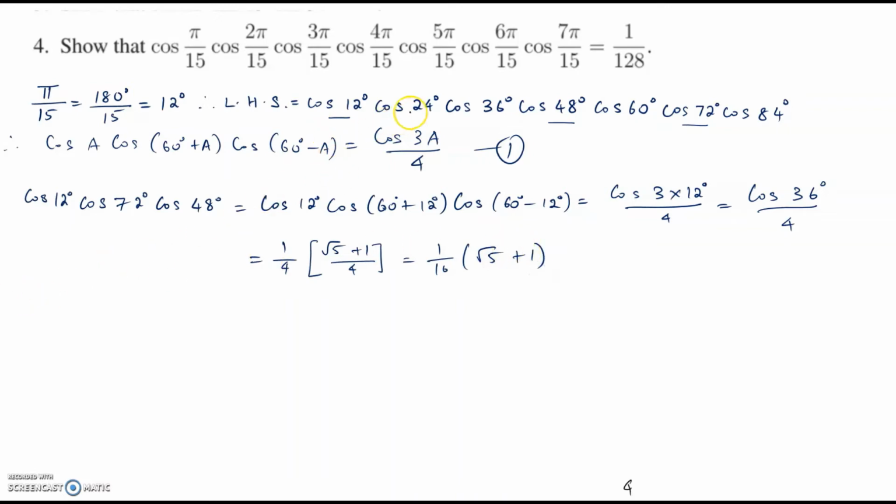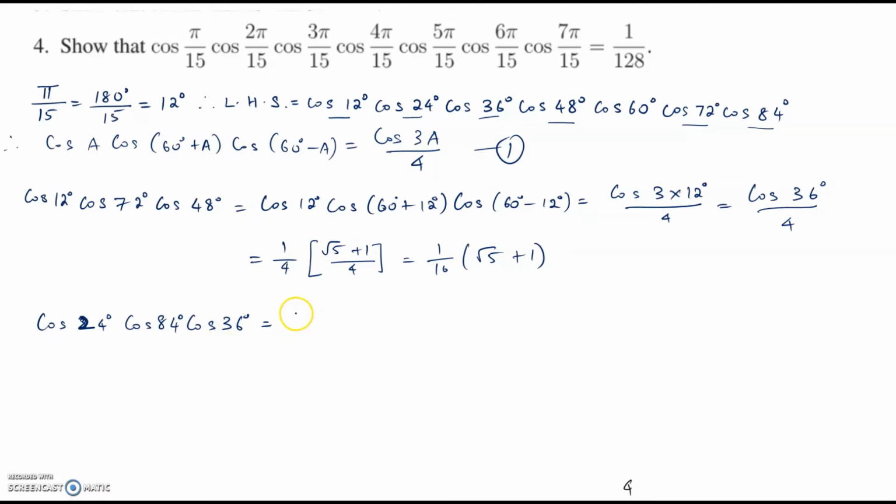Similarly, let's take the other 3 expressions, which are cos 24, cos 36 and cos 84. So cos 24 degrees, cos 84 degrees and cos 36 degrees.